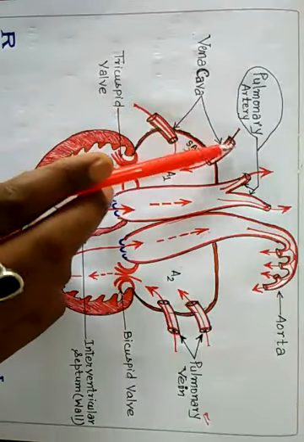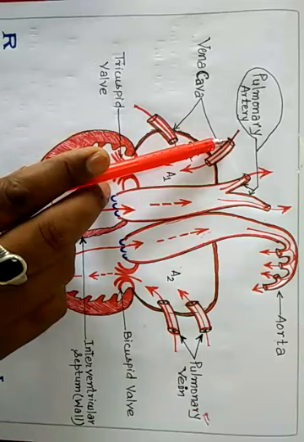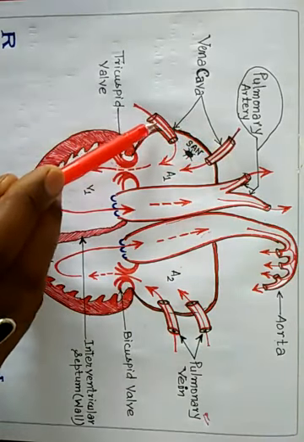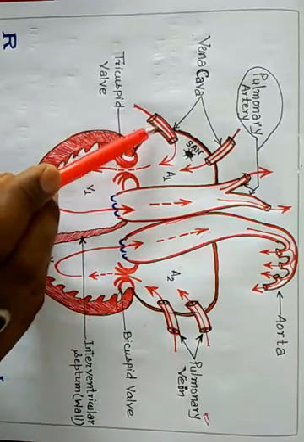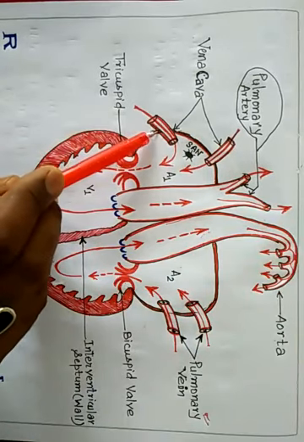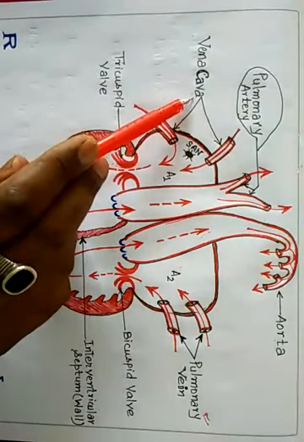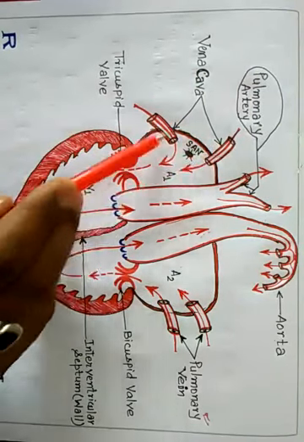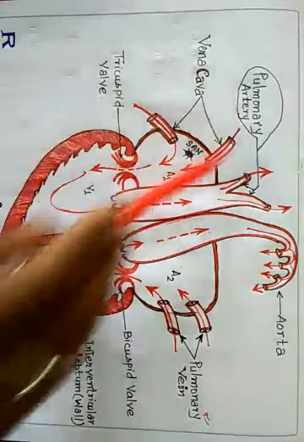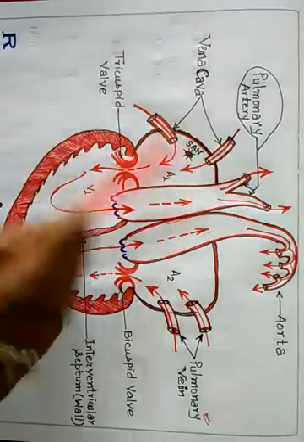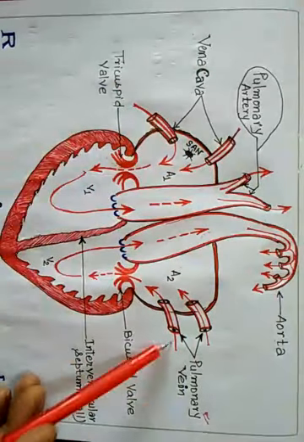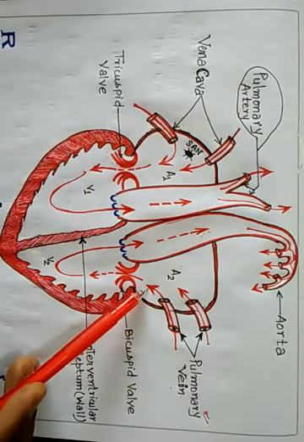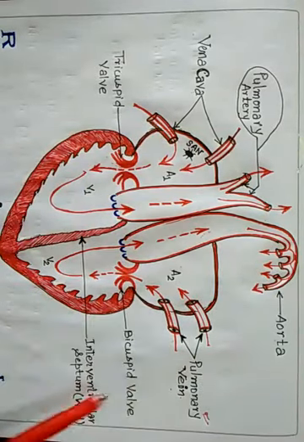This is called superior vena cava, that collects blood from the upper part of the body, and this is called inferior vena cava, that collects blood from the lower part of the body. These bloods are deoxygenated, or carbon dioxide rich blood, coming to the right auricle from this passage, and these two passages we call pulmonary veins, through which oxygenated blood comes into the left auricle, isn't it?